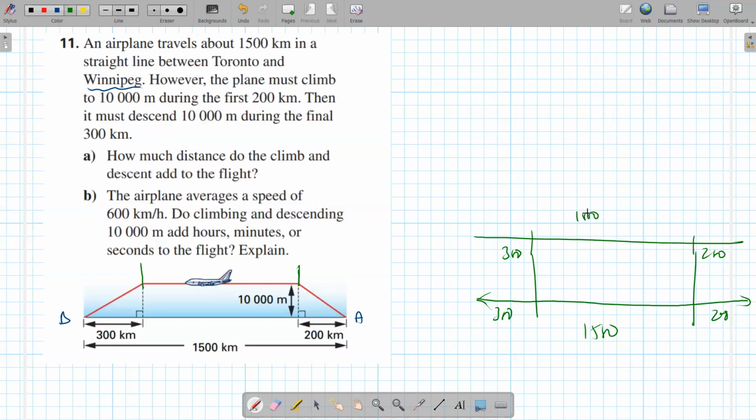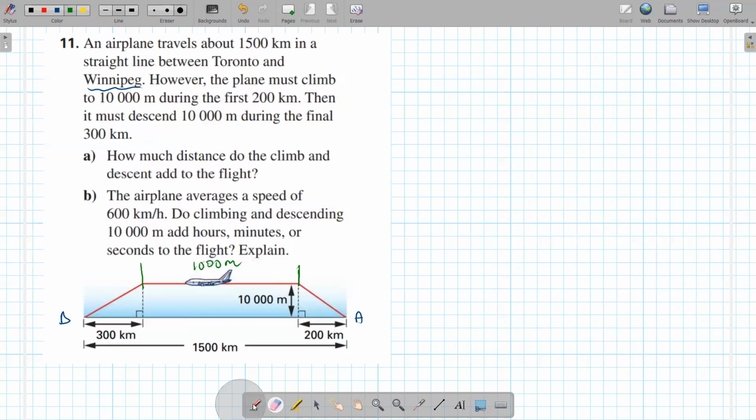Because 1,000 plus 300 plus 200 is 1,500. So if the entire thing is 1,500, this middle must be 1,000, or 1,500 minus 200 minus 300. So it's flying horizontally for 1,000 meters. Now we just need to add what the hypotenuse is on this triangle and on this triangle to get the total distance it flew.